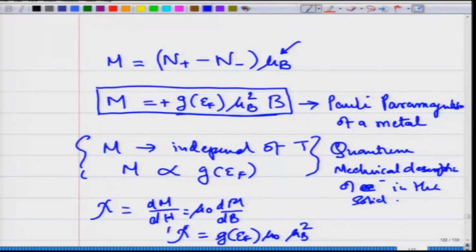This will be your Pauli paramagnetic susceptibility. This is what has been found for very simple metals like lithium and copper, the magnetic susceptibility, if you measure, it turns out to be somewhat close to these values. So, there is a degree of confirmation that you can actually describe the system using this quantum mechanical description.